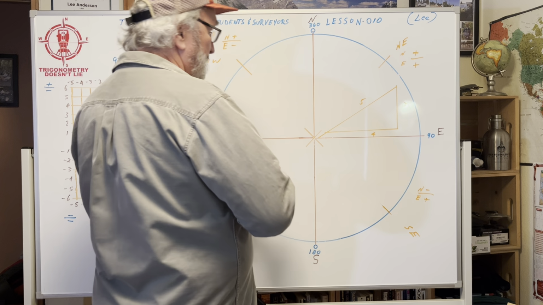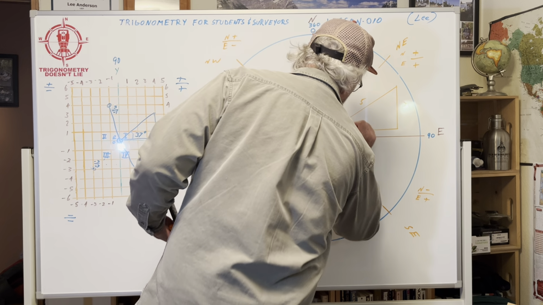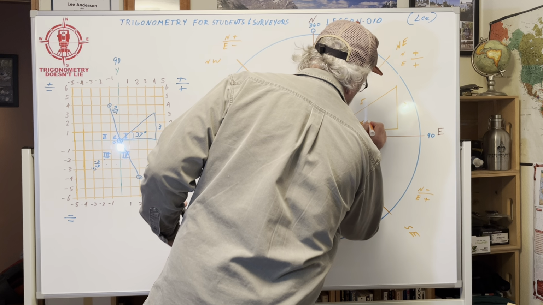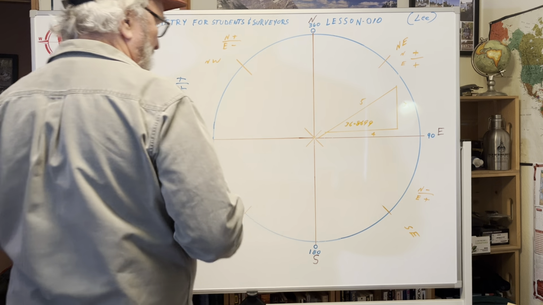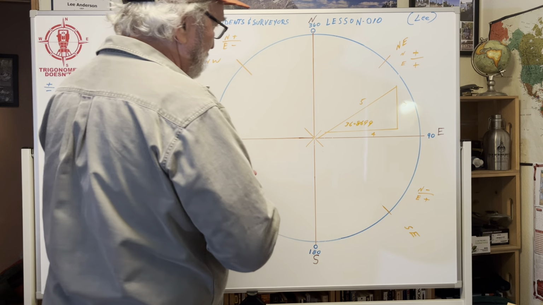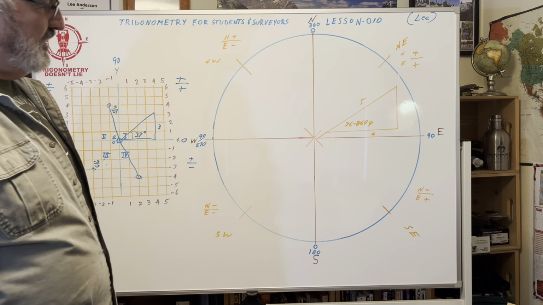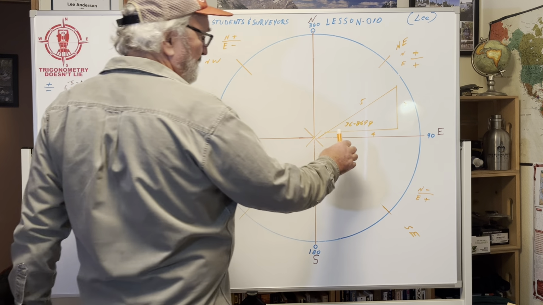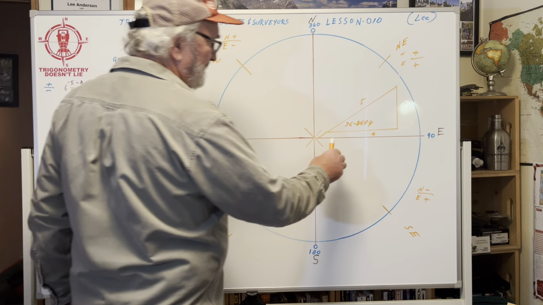We'll go ahead and write that in here. Okay, that's the decimal degrees. Anything wrong with that? So all that's right. Everything we did before was right. This is the right angle.